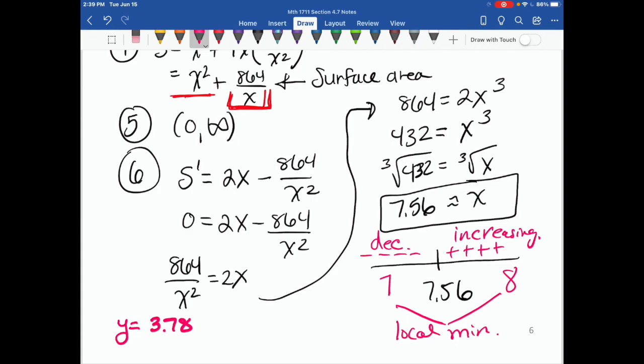And that will be the height of the box. So when the square base of the bottom of the box has dimensions 7.56 by 7.56, and when the height is 3.78, we can minimize the surface area and still keep a volume of 216 inches cubed.